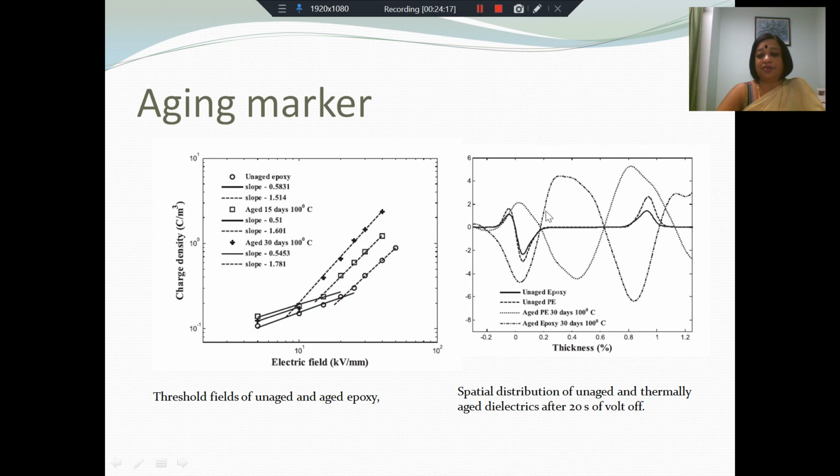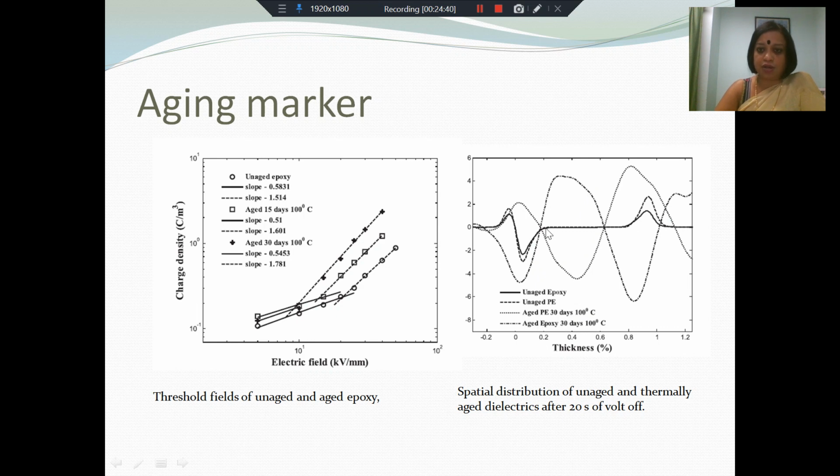And not only that, there is a considerable space charge accumulation in the volume of the dielectric in the region between the electrodes. Originally, we did not have any charge trapping in this region. However, with aging, a considerable amount of charge is being trapped through the entire volume of the dielectric. A similar thing is seen with polyethylene.